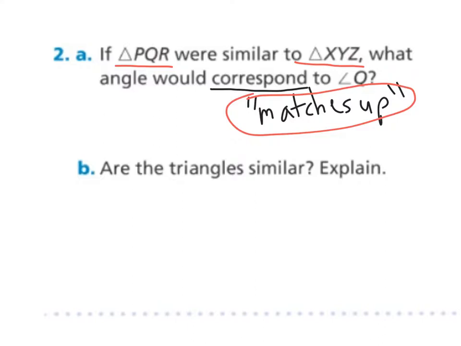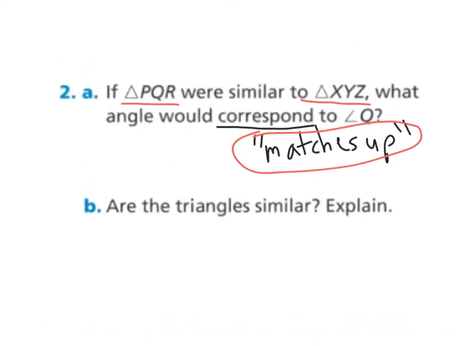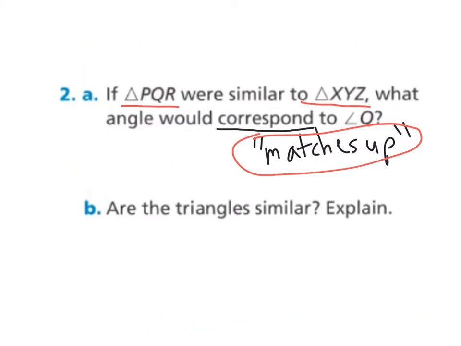So if we look at that, what position is Q in when they say PQR? It's in the second position. It's in the middle position, as there are 3 of these. So which letter is in the same position? The other one would be Y. Good. So the angle that corresponds with angle Q would be angle Y then. And again, it's because it's in the same position in that statement that they're making. Middle position, we know those are the ones that match up.